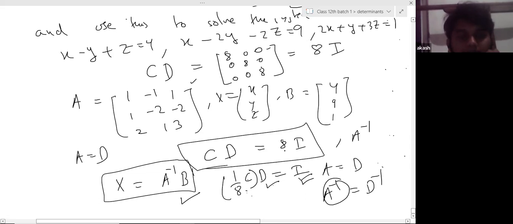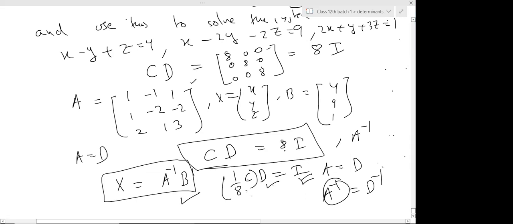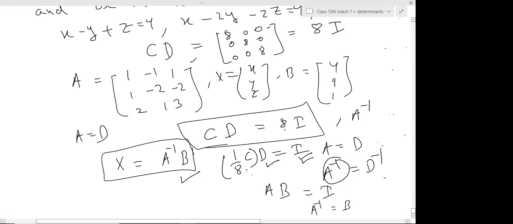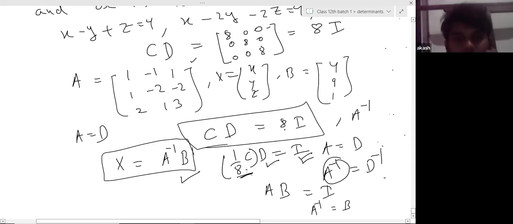Everyone, this is clear? So can you explain again? All right, see. If I multiply A times B and I get the identity matrix, then we say A inverse is B. Right, Krishna? Yes, sir. So look here. 1 by 8 times C multiplied by D gives the identity matrix.